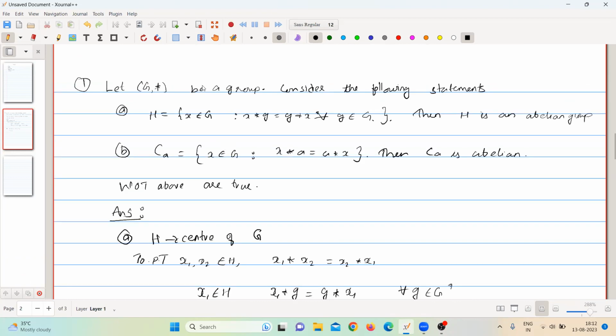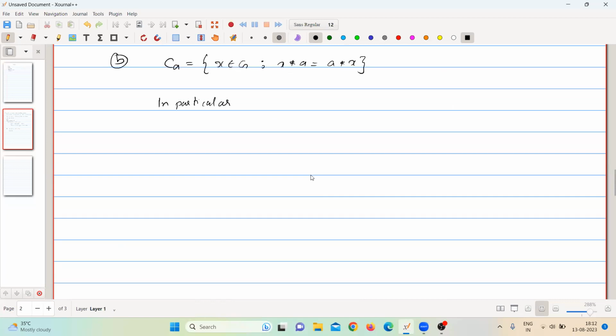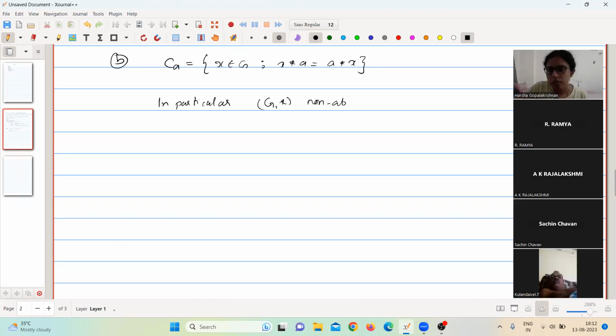See, the question is given as G star be a group. G star can be any group. In this case, I am taking G star as a non-abelian group.